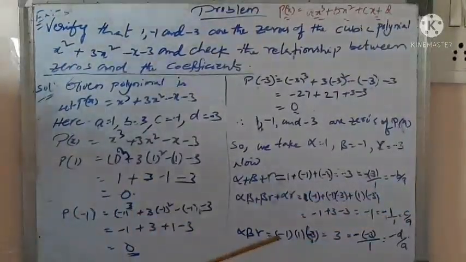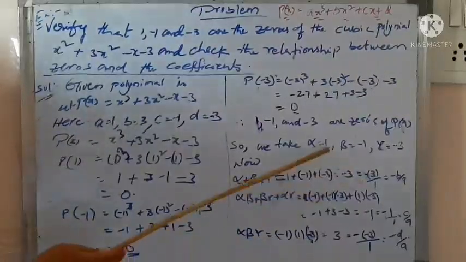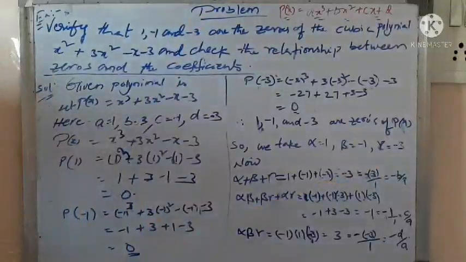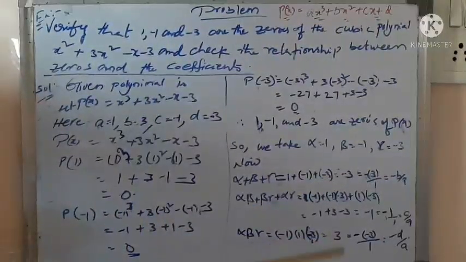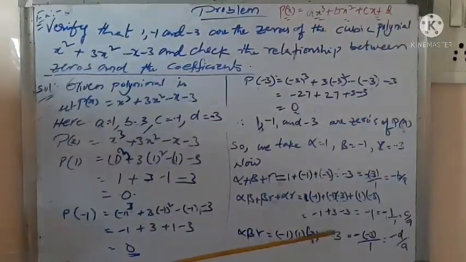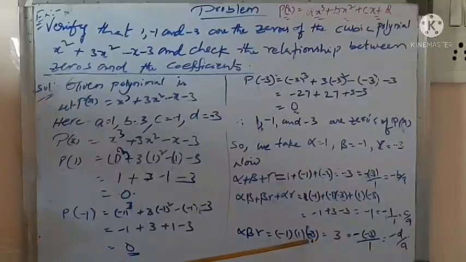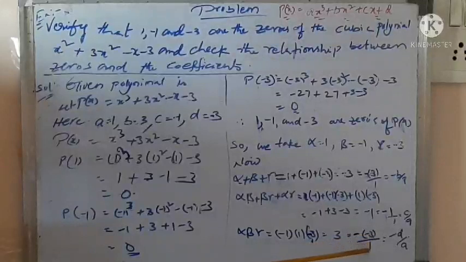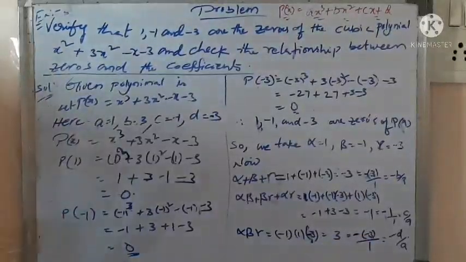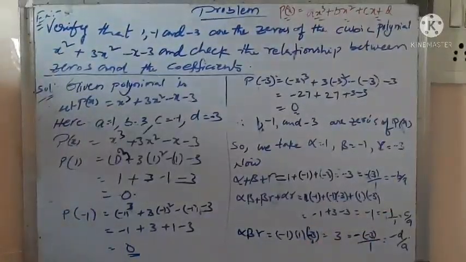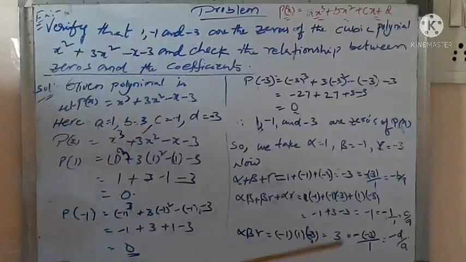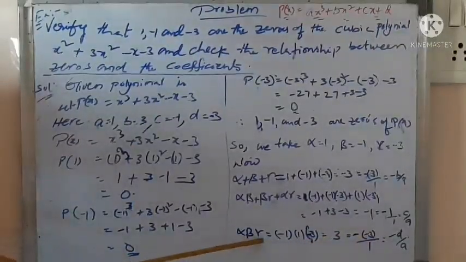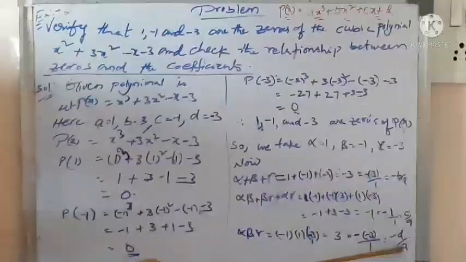And next one is alpha, beta, gamma. So these three numbers are multiplied. Okay, 1, -1, -3. So minus into minus plus. 3 ones are 3, and 3 ones are 3. Right? It is written as minus of -3 by 1. Here, you know that the relation for alpha beta gamma is -d by a.